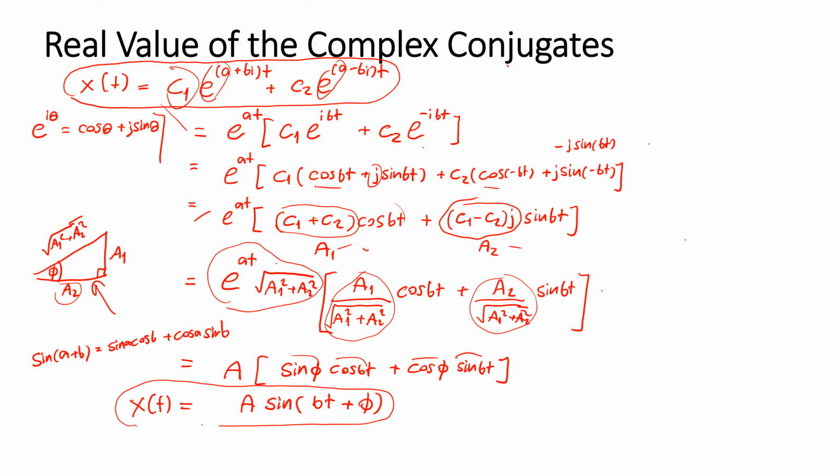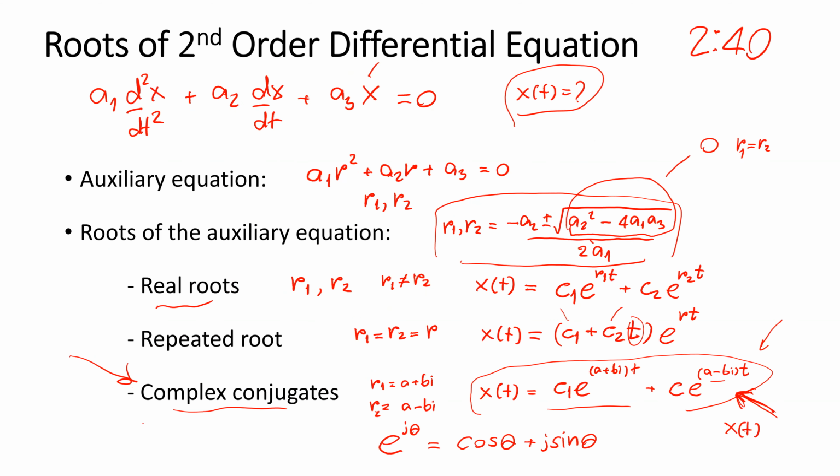For the first form here, our task is to take the information of x0 and x dot 0 and derive C1 and C2.